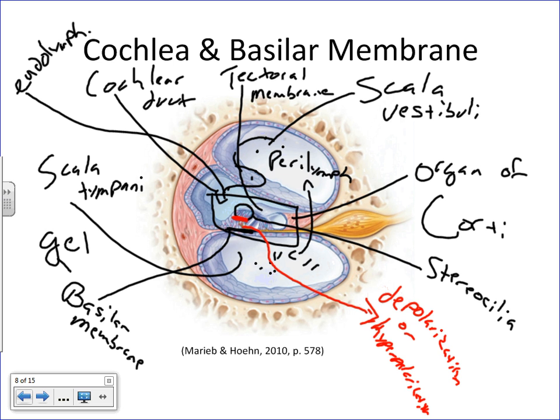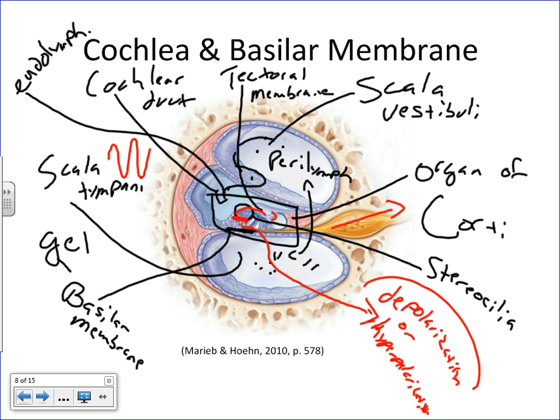All right, so basically, if you have enough of that compressed air hitting, and you get enough vibrations, then this fluid shifts, and these hair cells shift in one direction. That's going to cause depolarization, and then you'll start to generate action potentials to the brain. Okay, if they shift in another direction, that may cause hyperpolarization, and then you'll stop sending hearing information to the brain. All right, so that's essentially the cochlea and the basilar membrane, and this organ of Corti.